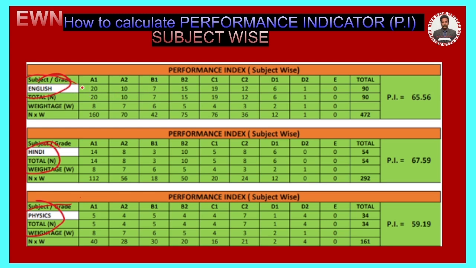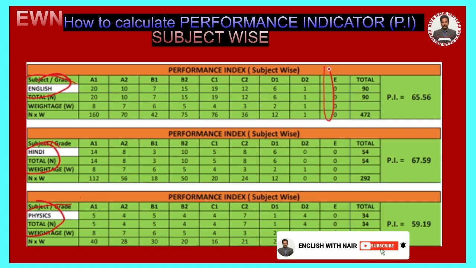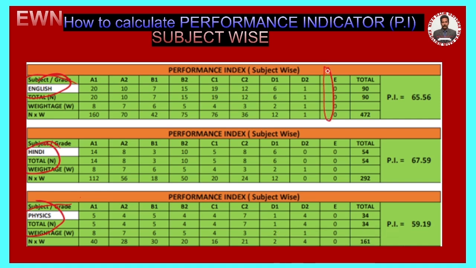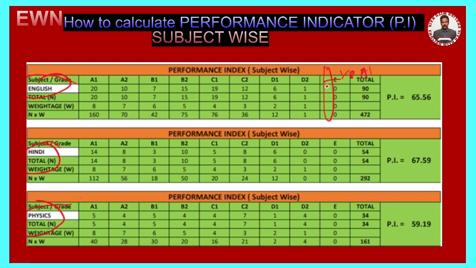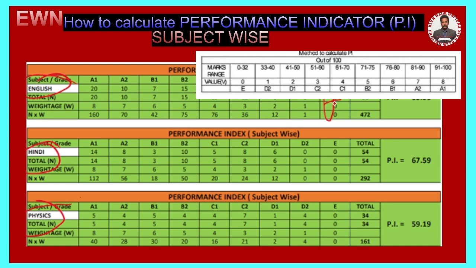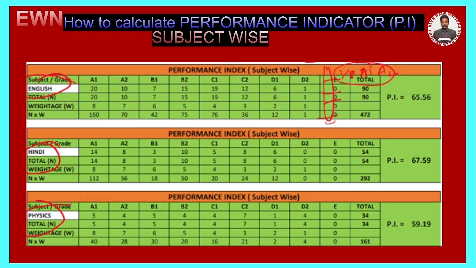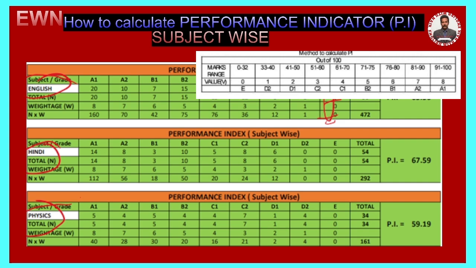Now for English, you can first put all the marks in descending order from highest to low. Take 1 by 8 of the highest marks as A1, the remaining 1 by 8 as A2, then B1, B2 and so on. Or maybe from 0 to 32 as E grade, like that.